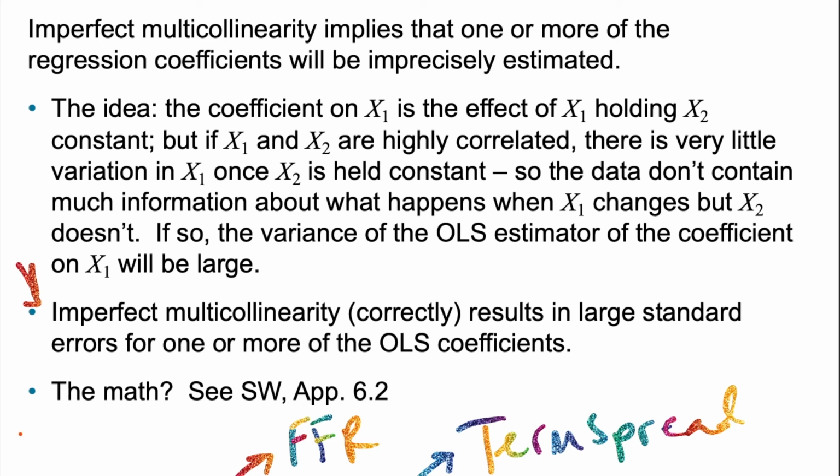And so we're not going to be able to estimate one of the coefficients very precisely. Since we lose that precision in estimating that coefficient, we have a large standard error. Okay, so that is the outcome. We get a large standard error because of the imprecision in estimating one of the coefficients.